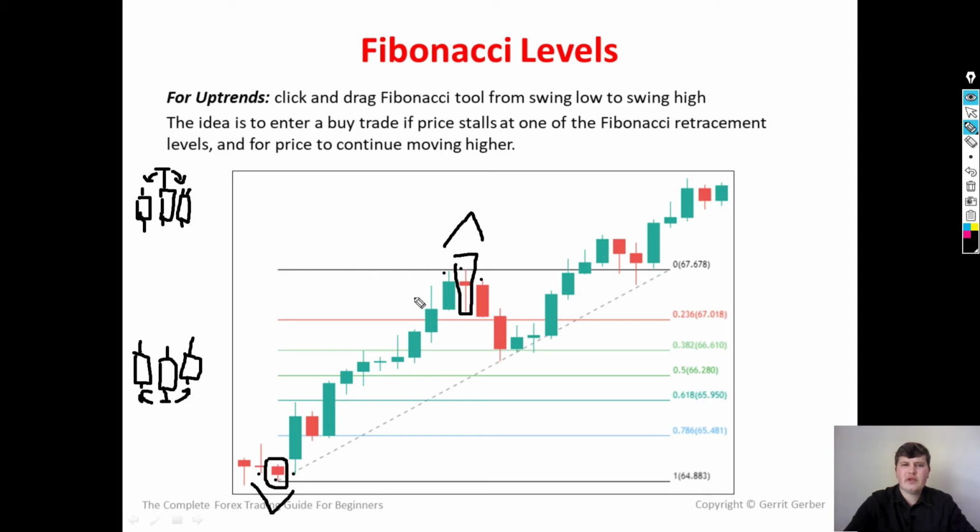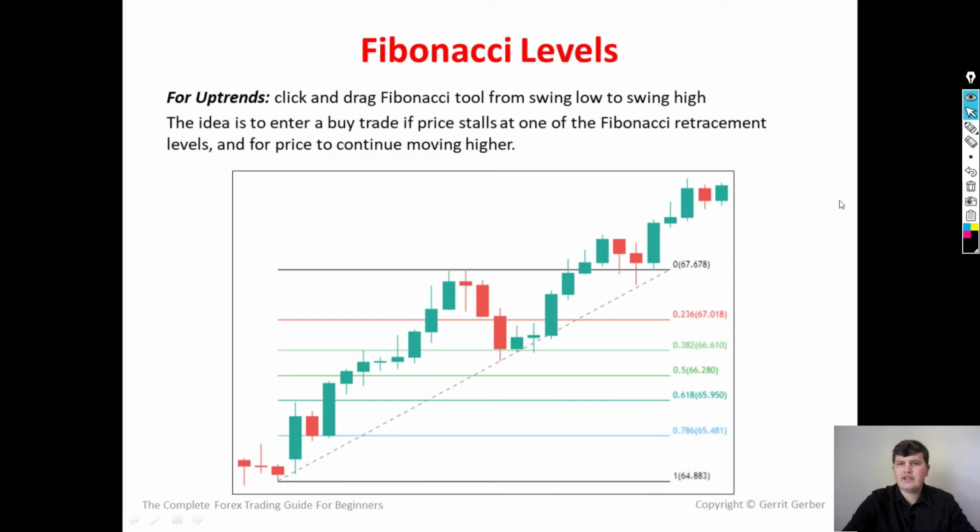So for uptrends, you click and drag a Fibonacci tool from the swing low up to the swing high, and you'll find that all of these different levels are automatically given to you on the chart. And starting from the swing low, you begin with 1 or 100%, and the swing high then becomes 0. And all of these Fibonacci levels can act as support areas for price to move to.